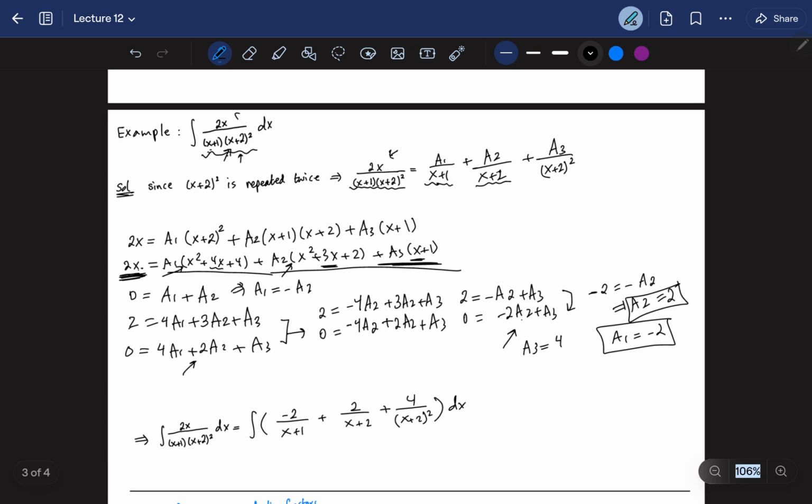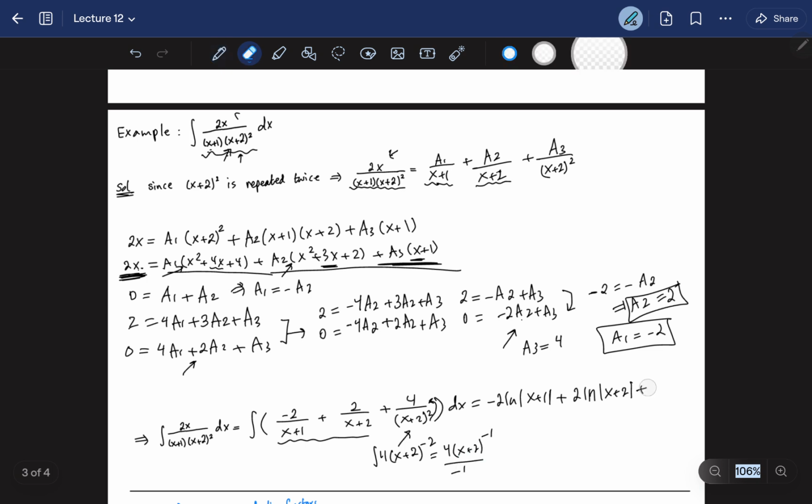And this I can integrate quite easily because these are just ln's, and you get these for the first two terms. And now for this, if you take it to the numerator, sorry, the integral is just negative 1 divided by negative 1. So we're going to have negative 4 over x plus 2, plus c.